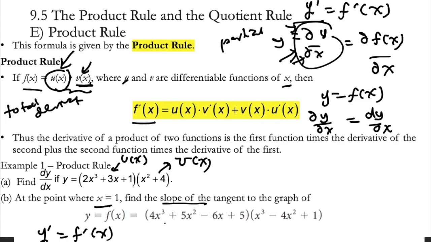Because you have here 1 and 2, let's call this one u(x), let's call this one v(x), then you have to use product rule here. Product means multiply, okay? That's why you can see it's multiply the derivative with the original function of another function, okay? Product.